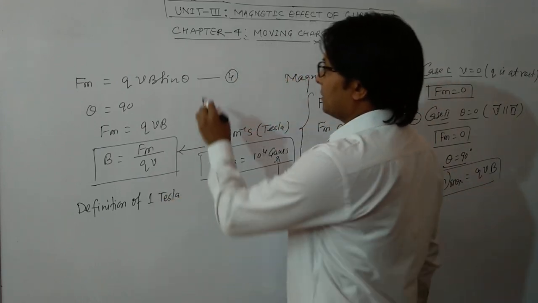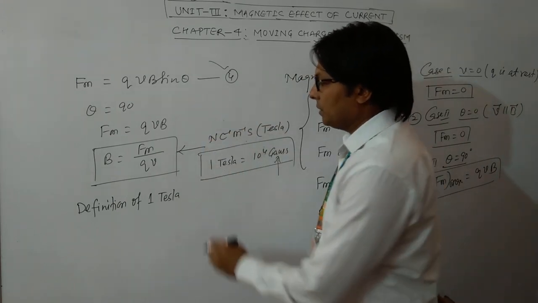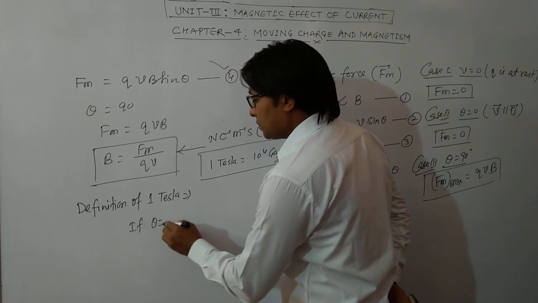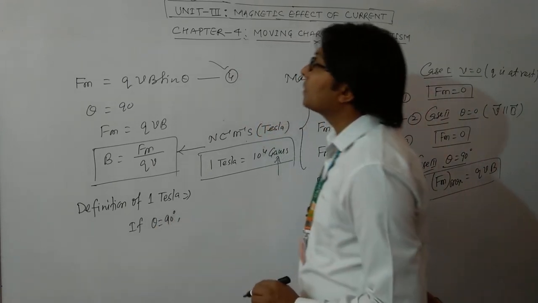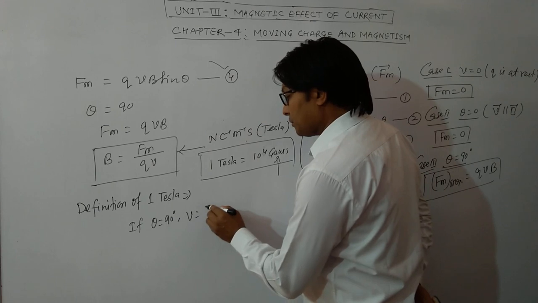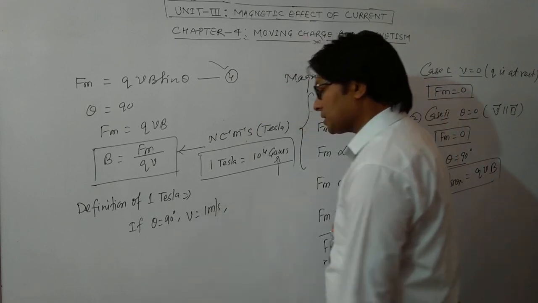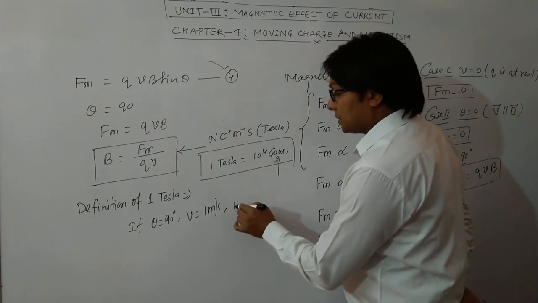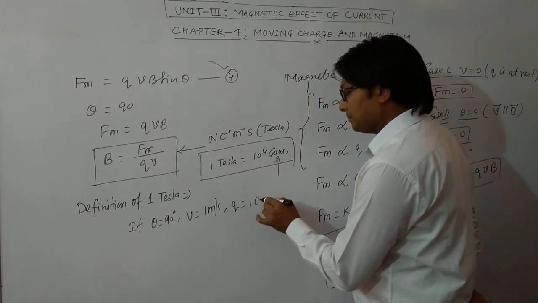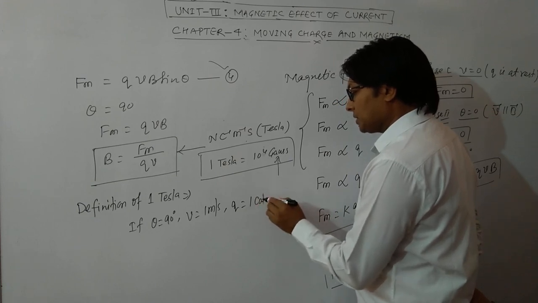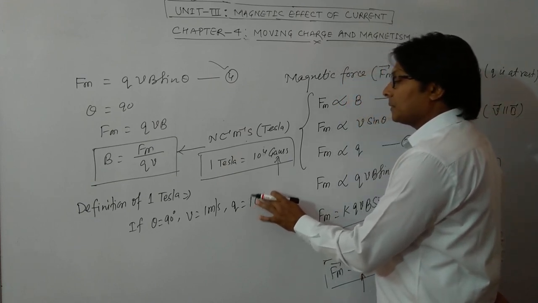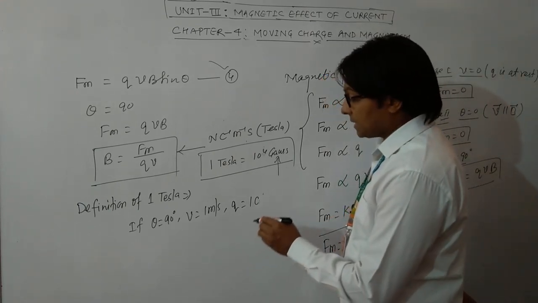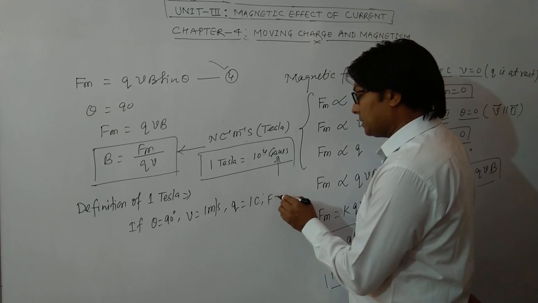So from equation 4, if theta is equal to 90 degrees, the velocity becomes 1 meter per second. Suppose the charged particle is moving with unit velocity, and this Q is 1 coulomb, and this force is 1 Newton.